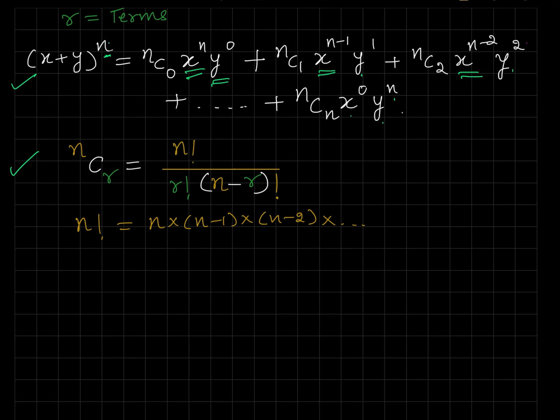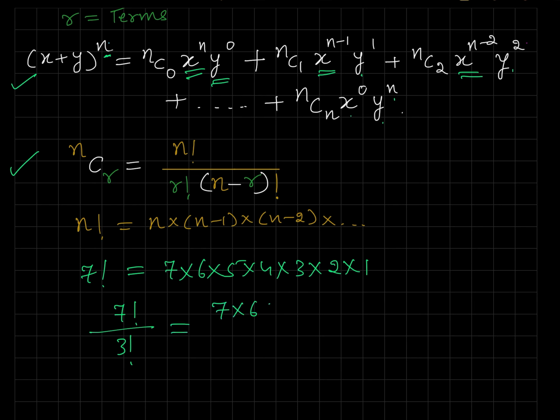If we have something like 7 factorial, it is nothing but 7 times 6 times 5 times 4 times 3 times 2 times 1. If you have to write something like 7 factorial over 3 factorial, I can simply do 7 times 6 times 5 times 4 times 3 factorial over 3 factorial.